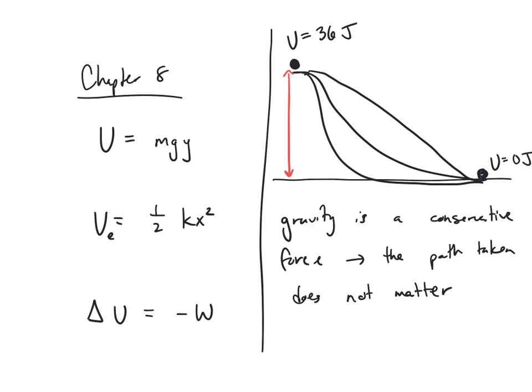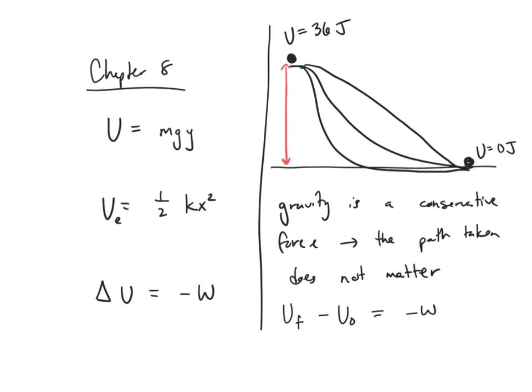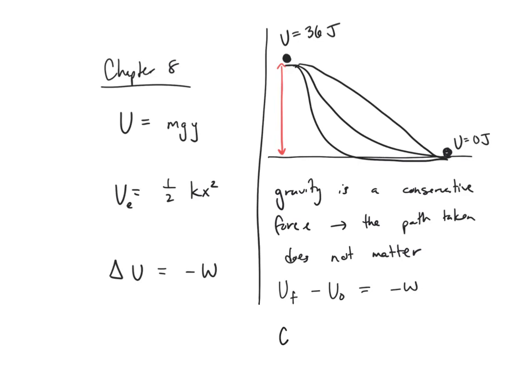Now, if I look at this problem and think about the final minus the initial for potential energy, we want to recognize here that we're looking at 0 minus 36. So if I say final minus initial equals the negative work done, this is really going to be 0 minus 36.